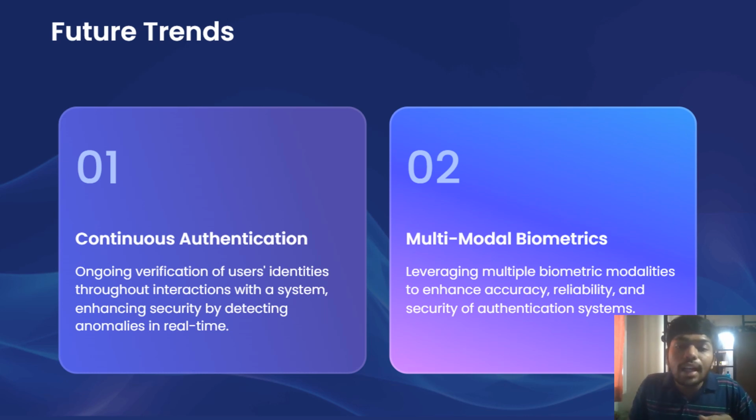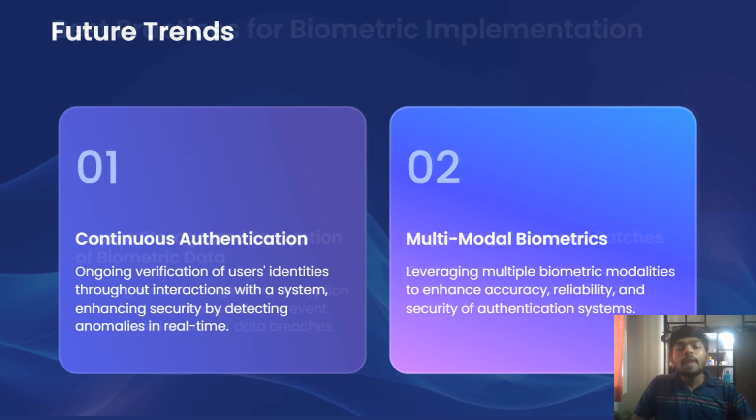This integration enhances the effectiveness and resilience of biometric authentication in dynamic environments. These future trends in biometric security reflect ongoing advancement in technology and innovation, offering opportunities to further enhance security, usability, and efficiency in authentication systems.